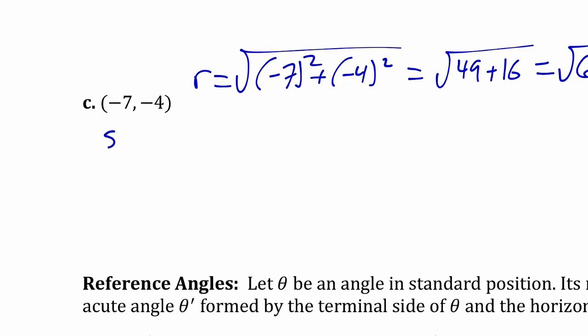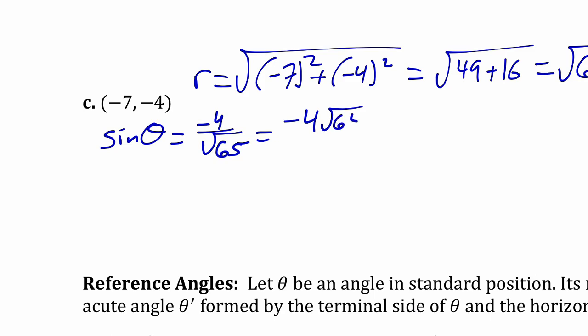So for our sine value, we got the sine of whatever our angle measure is here, is our y value, negative 4, over our radius of the square root of 65. And again, we'd multiply the numerator and denominator by that square root of 65, and we end up with negative 4 times the square root of 65 over 65.